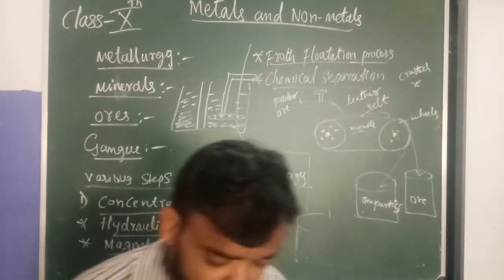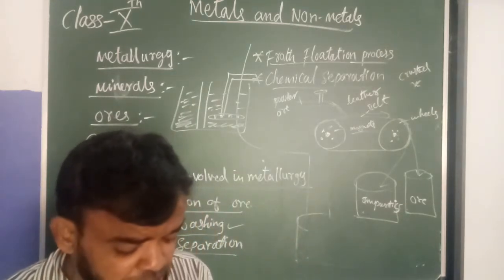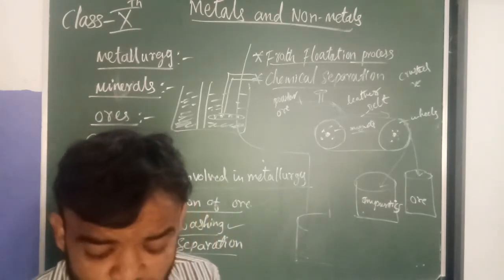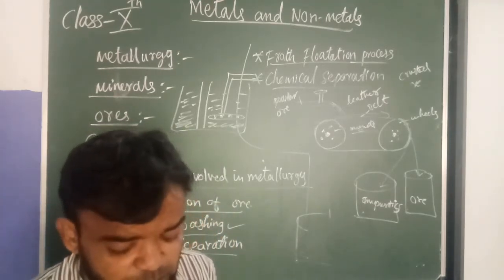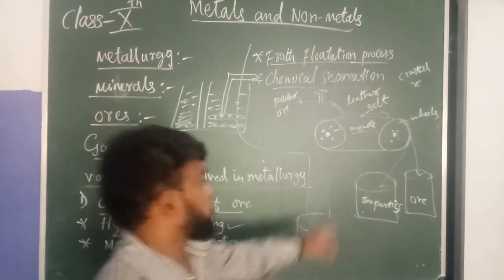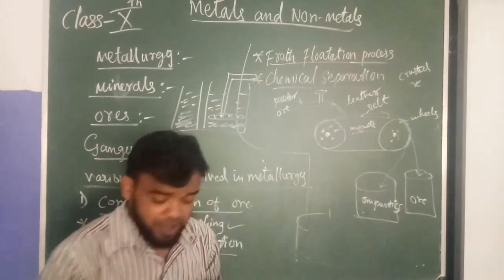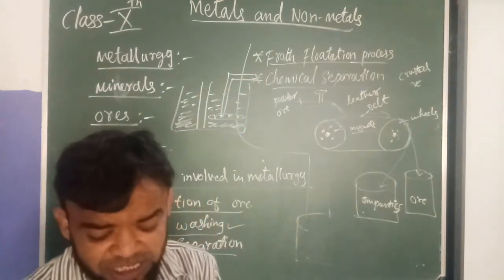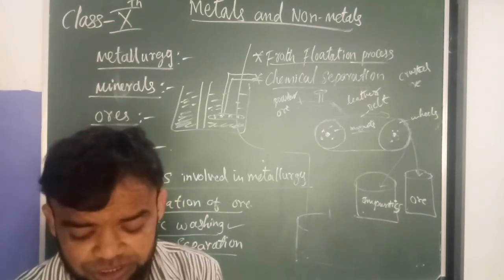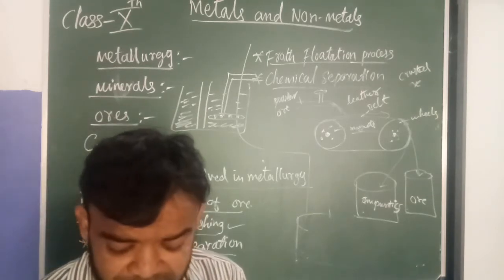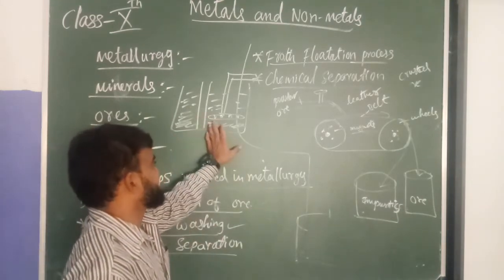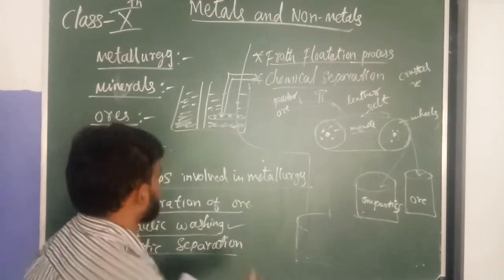So here you see the powder containing impurities is poured into the tank containing pine oil and water. Now with the help of compressed air, compressed air is passed. As a result froth appears, to which the ore sticks, and the impurities are left behind down, that is the gangue. We are getting it at the bottom, which is connected with the air.